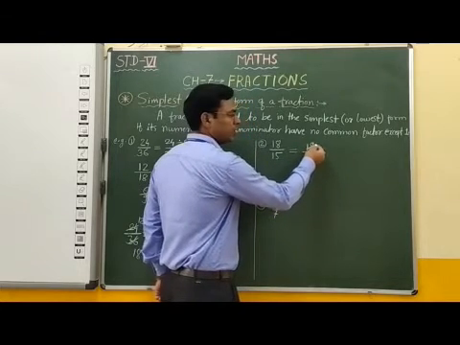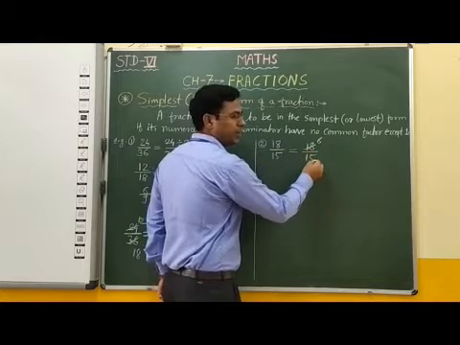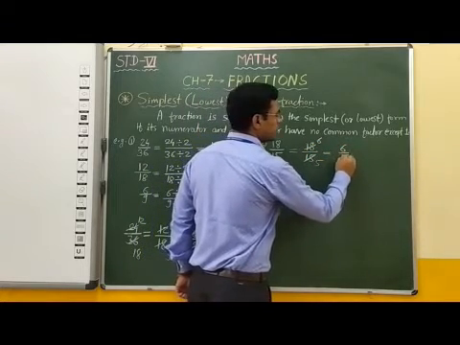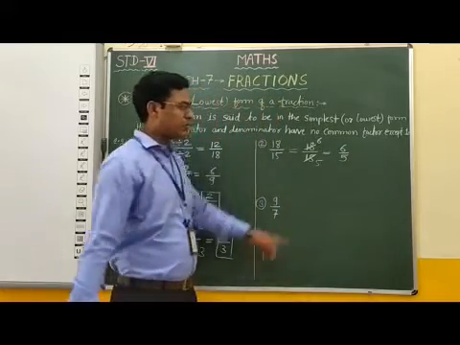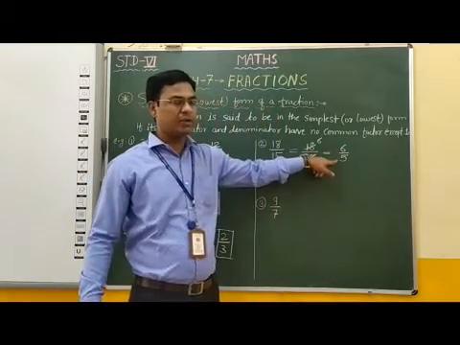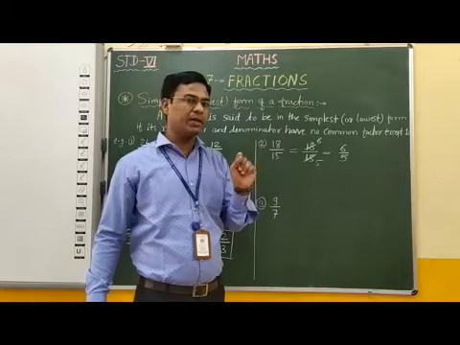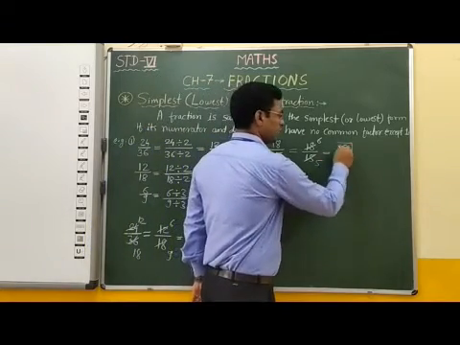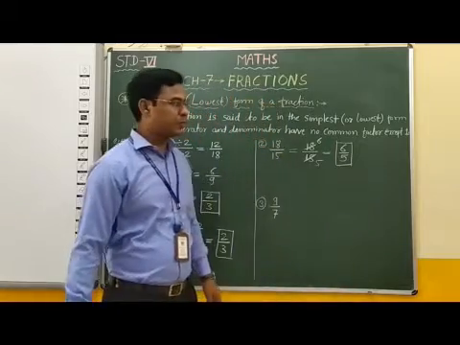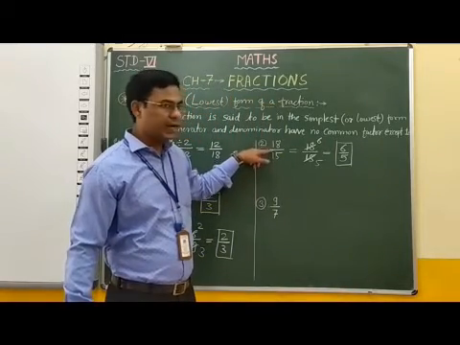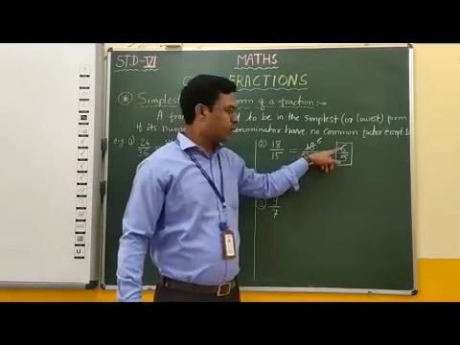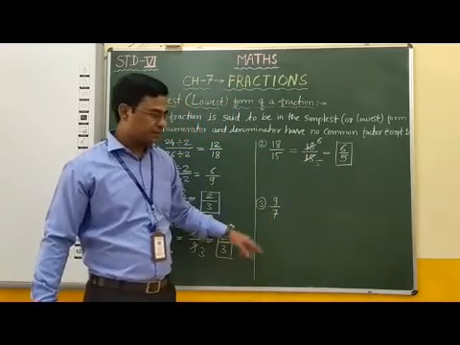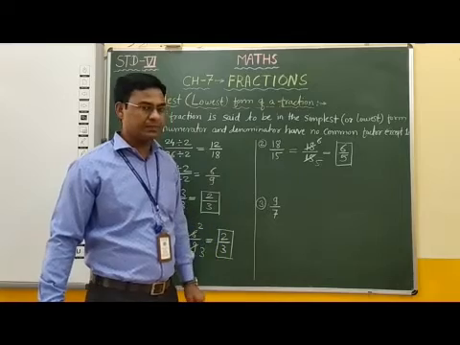Therefore, 3 6s are 18 and 3 5s are 15, which is equal to 6 by 5. Now if you observe here, 6 and 5 both are not divisible by the same number. Therefore we can say that the simplest form or lowest form of the fraction 18 by 15 is equal to 6 by 5.